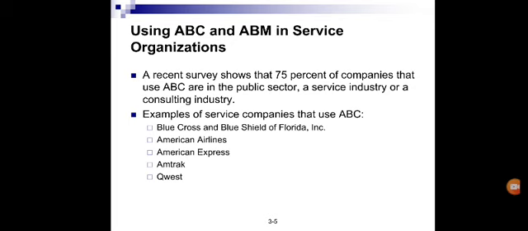How do you allocate the overhead costs to every customer that comes to the hotel? You can use ABC to calculate the overhead cost for every customer or every service.